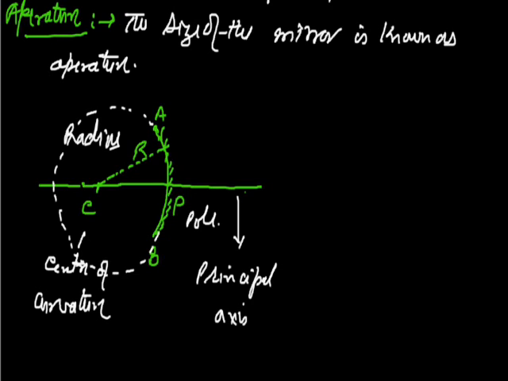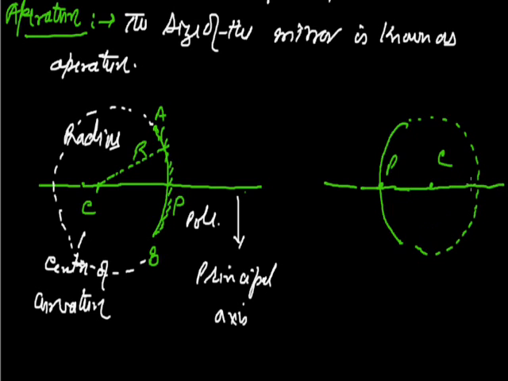Now in case of convex, the complete sphere, in the center of curvature C is pole. This one is known as radius R. A and B are known as aperture. This surface is polished.